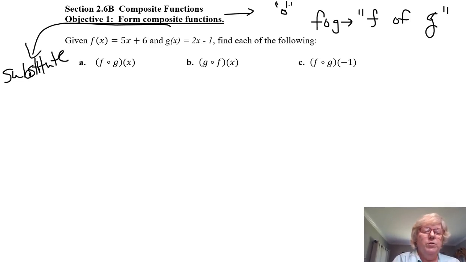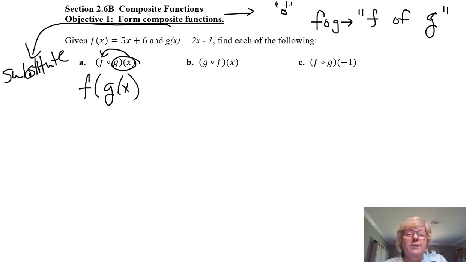So, what we will do here is you can rewrite F of G of X if you would like to as F of G of X, or you can simply take the G of X function and substitute it into the F of X. The order does matter.